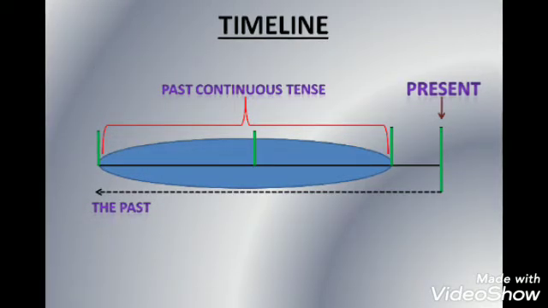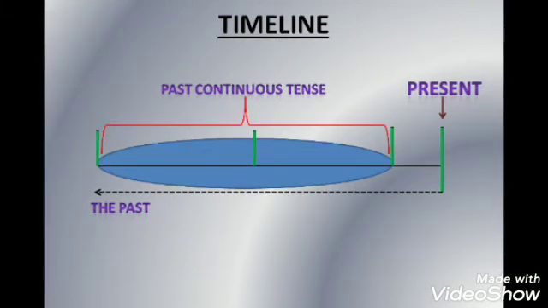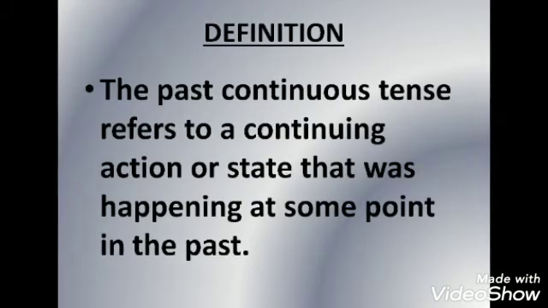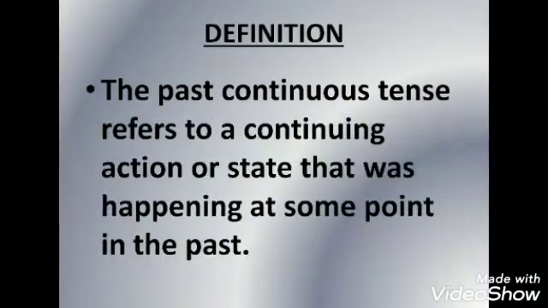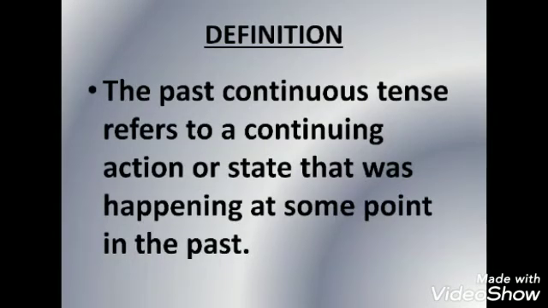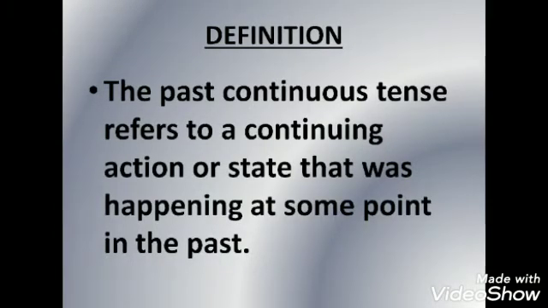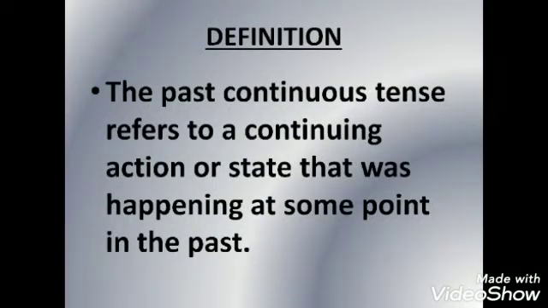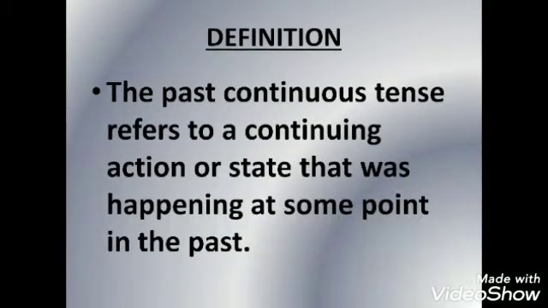So students, please try to form the definition of past continuous tense in your own words. Well, the definition of past continuous tense is: the past continuous tense refers to a continuing action or state that was happening at some point in the past. I want you all to note down this definition in your copies.